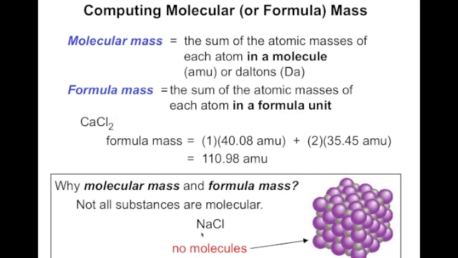So if we added up the masses for sodium and chlorine in our formula, we would call this the formula mass. If we were to look at a molecule, say for example H2O, water is a molecular compound. We would add that up as the mass of oxygen plus 2 times the mass of hydrogen, and we would call that the molecular mass. That's all there is to it.